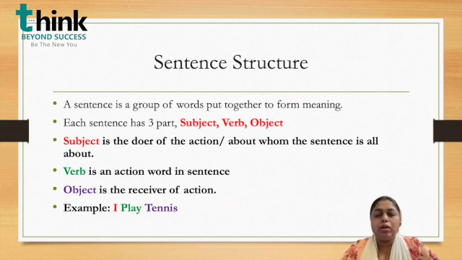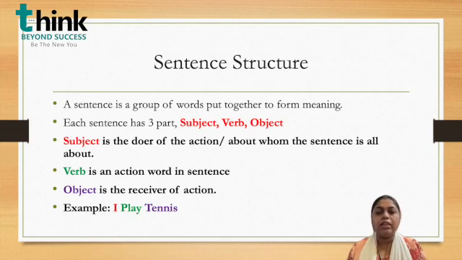Before I move to simple present tense, I want to give you an understanding of what a sentence is. A sentence is a group of words put together to form a meaningful sentence. A sentence has 8 parts of speech, but we are not going to dive deep into all of them, only the main parts: subject, verb and object.